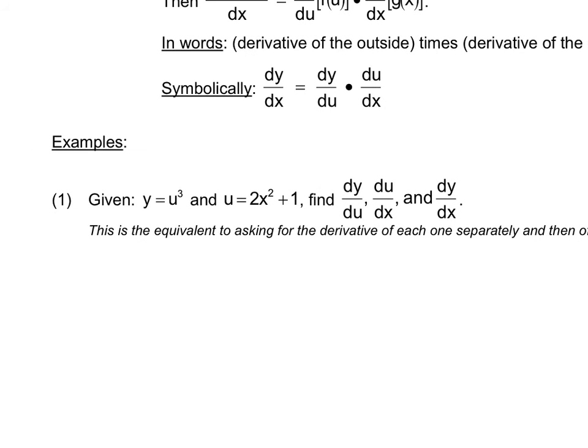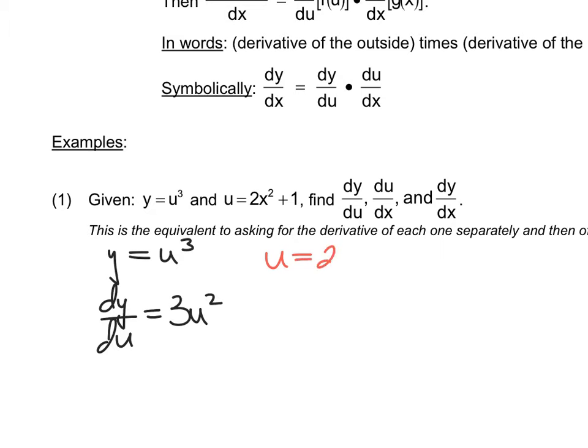All right, so we have y equals u cubed. I need dy/du. And that would be what? 3u squared. They also gave us u equals 2x squared plus 1.